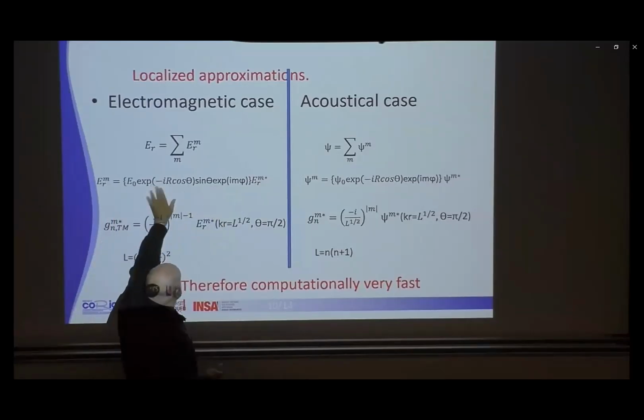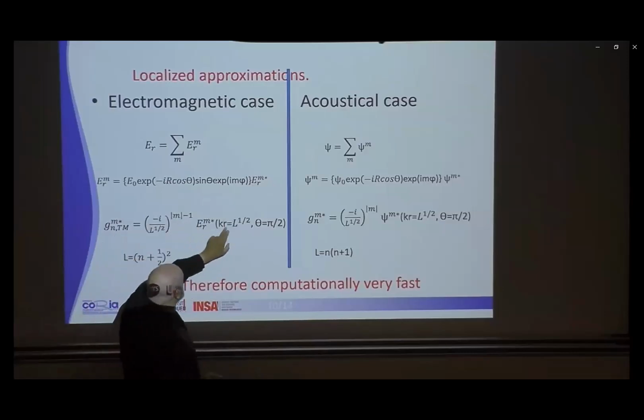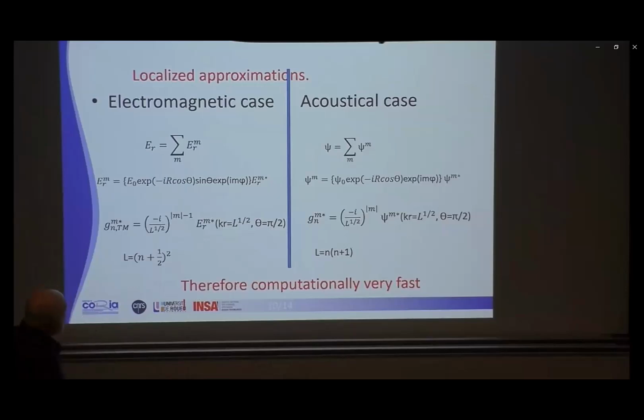You remove this, just keep that part, and in that part, replace the radial component by a certain quantity, which is L, 1/2, and the angle theta is just given the value pi over 2. And L is found to be N plus 1/2. This is very, very simple to implement, and it can accelerate your computation by three orders of magnitude. It's very fast now, and it has been the way to use it.